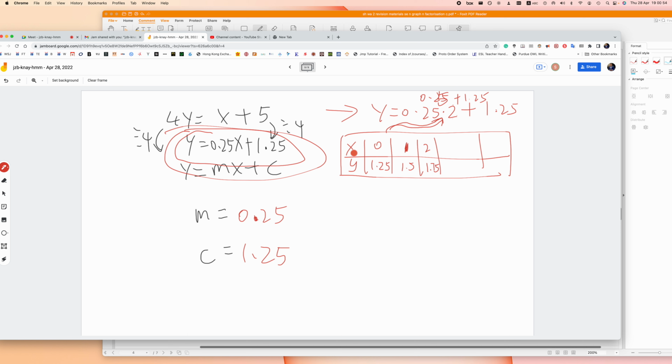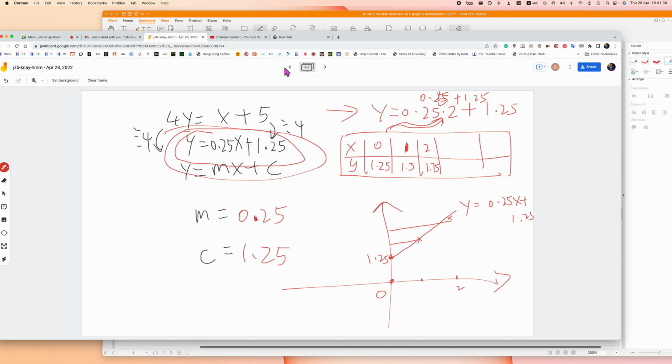Yeah. So once you establish this table already, very good. Then you can start to sketch. 0, 1.25. 1, 1.5. 2, 1.25. So sketch. So this is your y equals to 0.25x plus 1.25. Are you clear? Yeah. That's how you sketch. Okay, good.